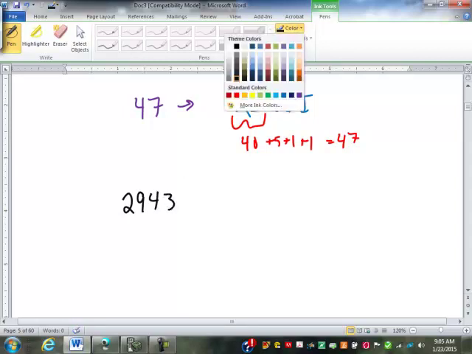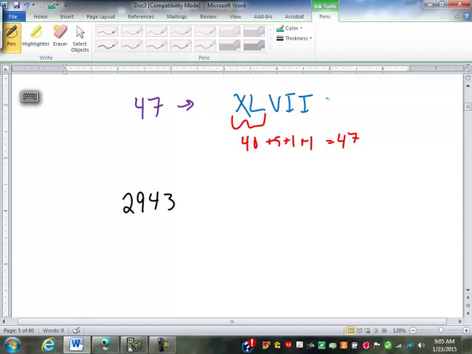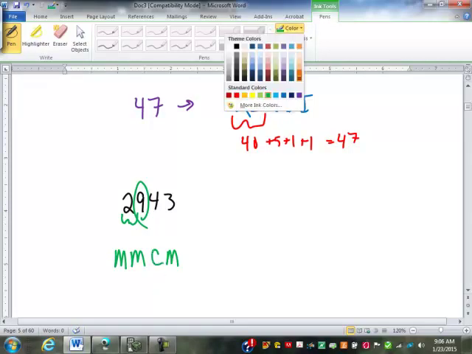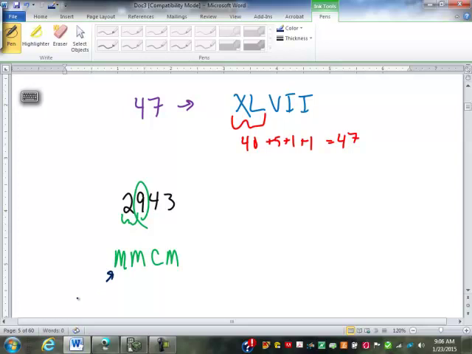So something like this, 2,943. Well, we're going to do the 2,000 first. That's M and M. 900. Well, we could do 500 plus 4 100s, but again, then we'd have 4 100s in a row. So what we're going to have to do is take 1,000 and subtract 100 from it. So again, this is 1,000. This is another 1,000.